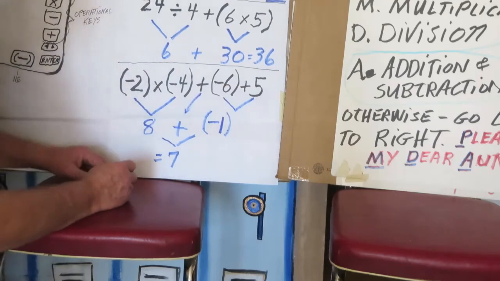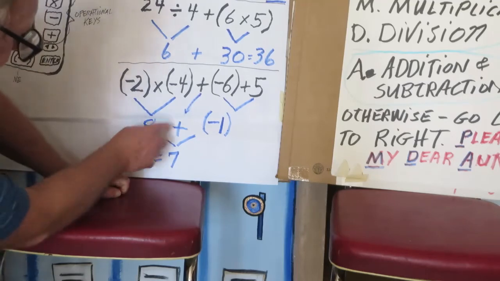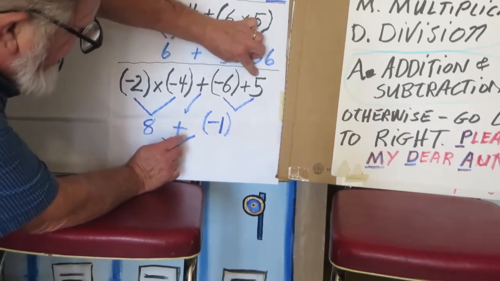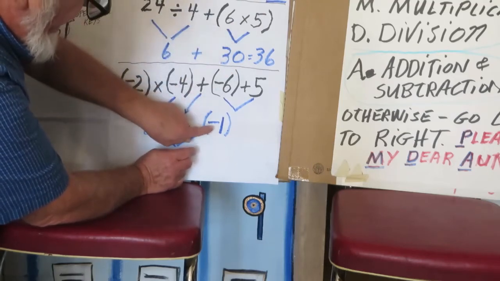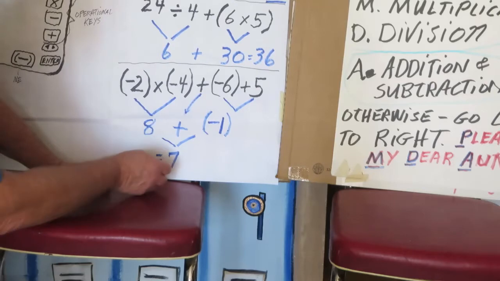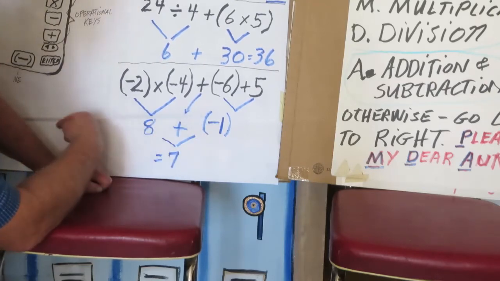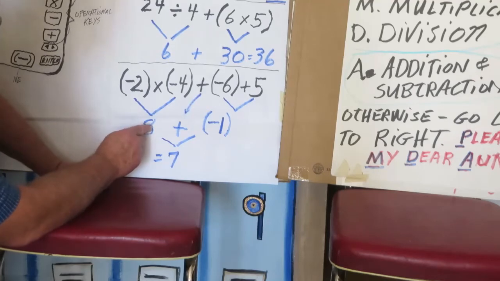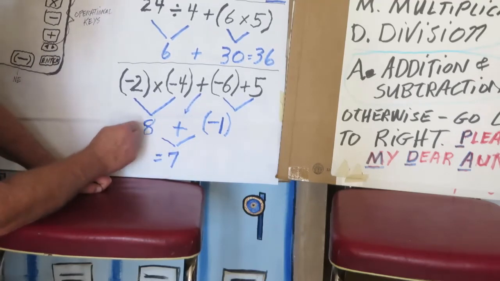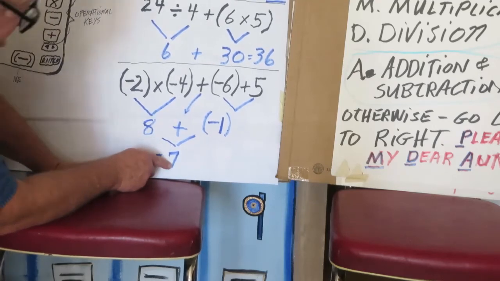So we have 8 plus, and -6 plus 5 is -1. So we have 8 plus a -1, and a -1, we go further to the left. So we start with 8, -1 goes one step to the left, which is 7. So our answer becomes 7.